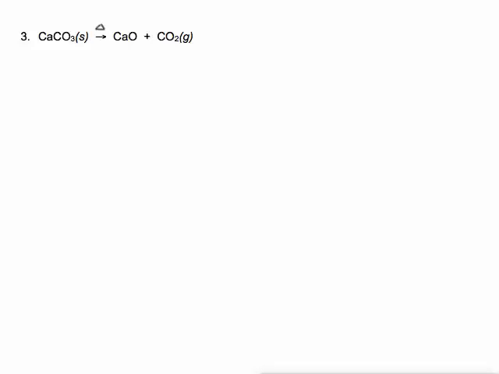So we will write calcium carbonate. It's important to keep the arrow having that triangle because it tells us heat has to be there. CaO is calcium oxide. And carbon dioxide.